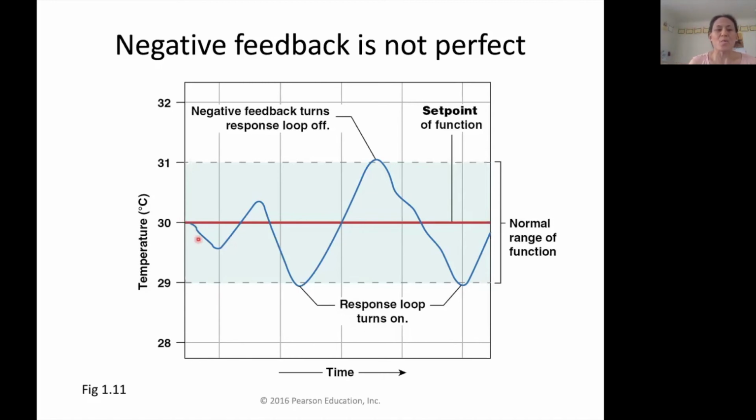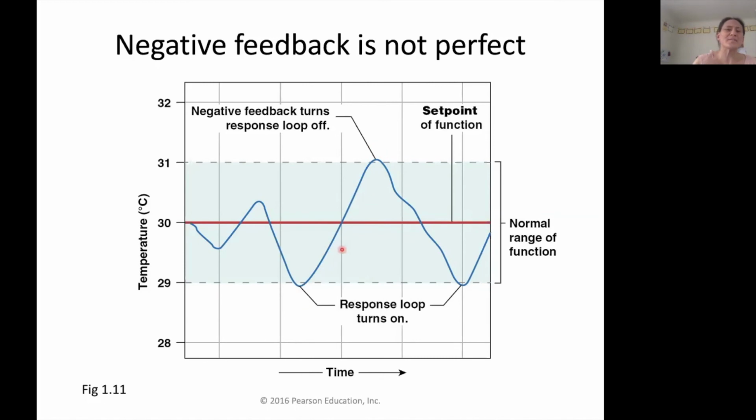Whenever one of those variables goes out of range, we're going to react by trying to bring that back into range. But sometimes we overshoot. So in this example, we've gone too low with temperature, we're bringing it back up, and we've overshot and brought our temperature higher than the temperature at which we want it. So we're going to bring it back down.